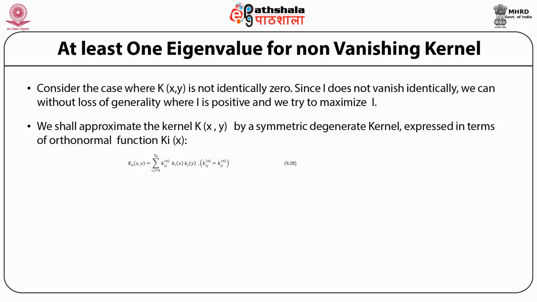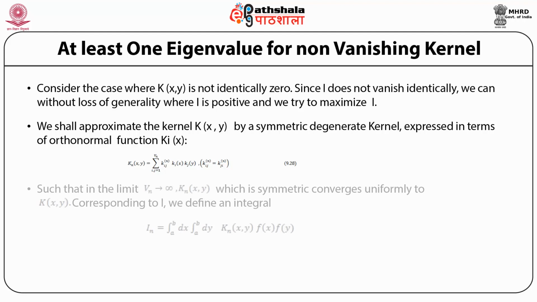The kernel K_n(x,y) we write as the sum over i and j from 1 to v_n of K_ij^n multiplied by psi_i(x) psi_j(y), where K_ij^n is equal to K_ji^n, such that in the limit v_n goes to infinity, K_n(x,y), which is symmetric, converges uniformly to K(x,y) corresponding to I. We define an integral I_n, which is the two-dimensional integral dx dy from a to b of K_n(x,y) multiplied by f(x) and f(y).